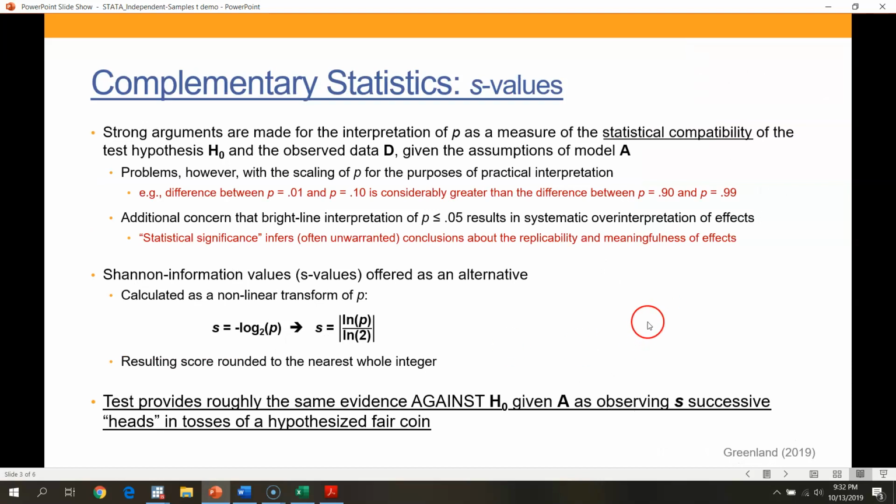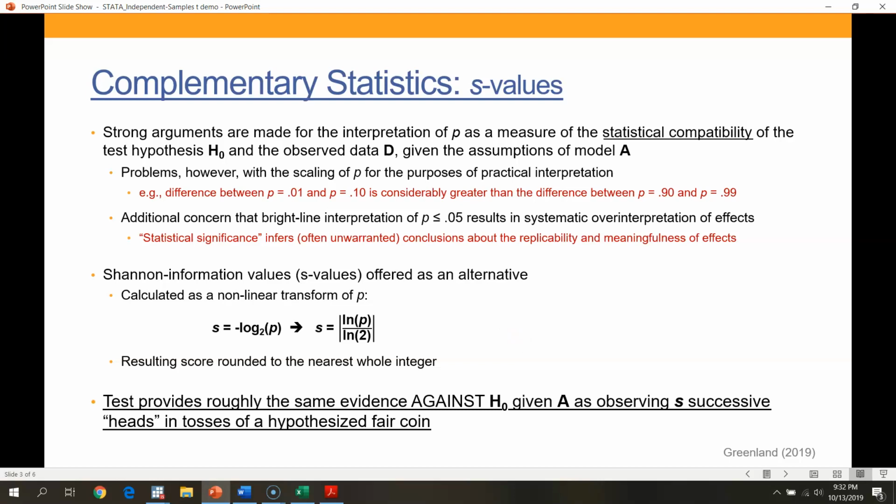Other thing we're going to calculate, remember, is S values. This is the natural log of your p-value over the natural log of 2, absolute value of that, and then you take your S value and round it to the nearest whole integer. This is just a complementary statistic giving us a different look at strength of evidence against the null hypothesis.